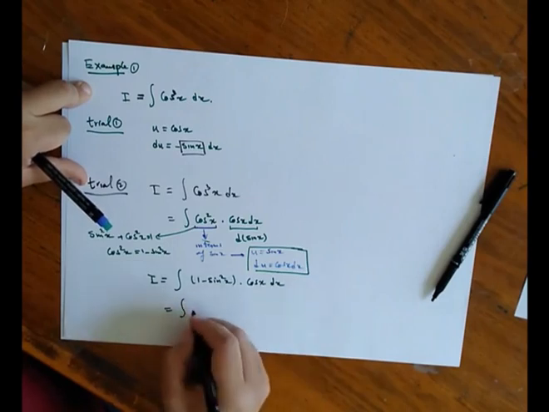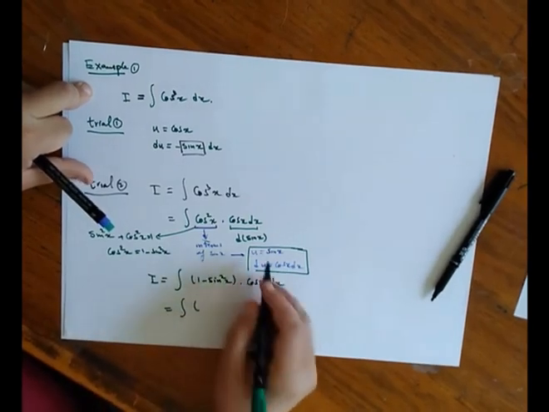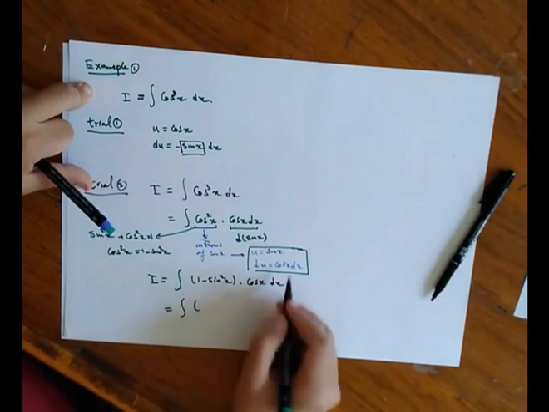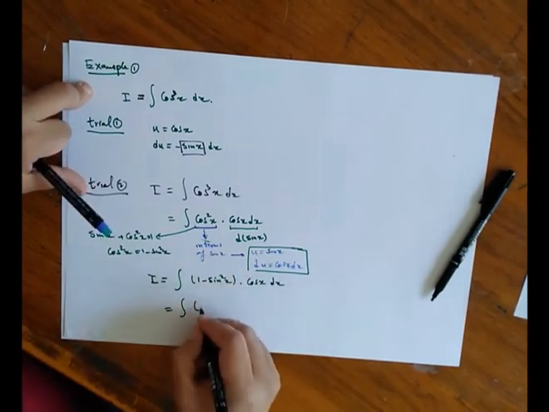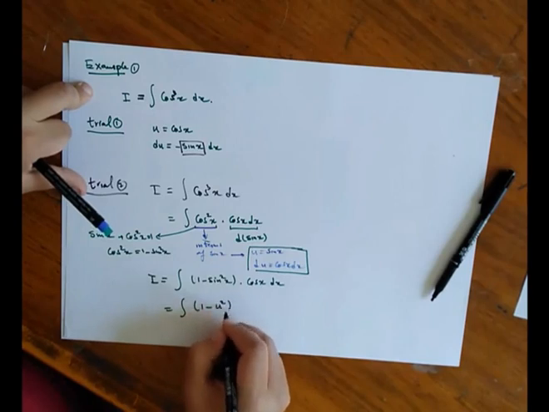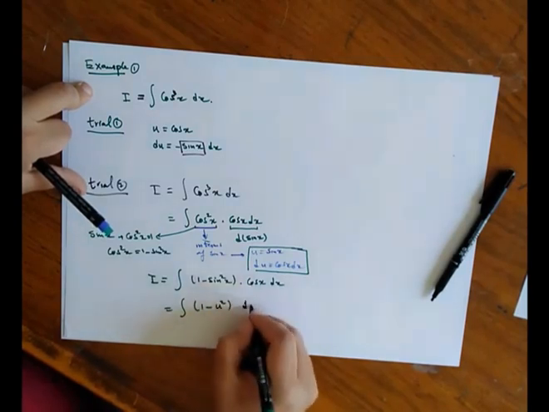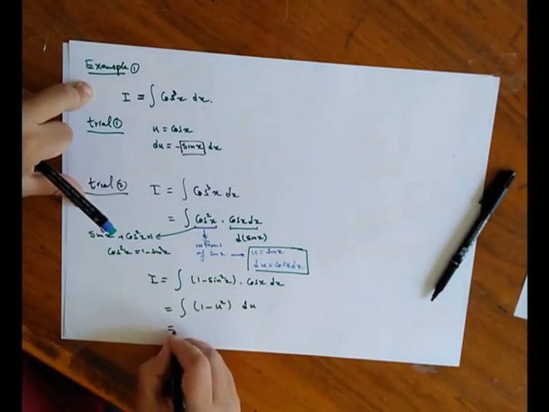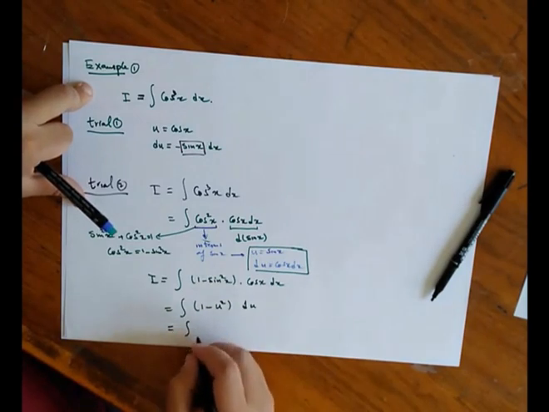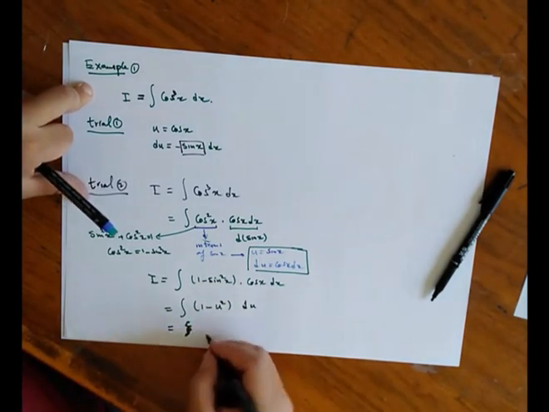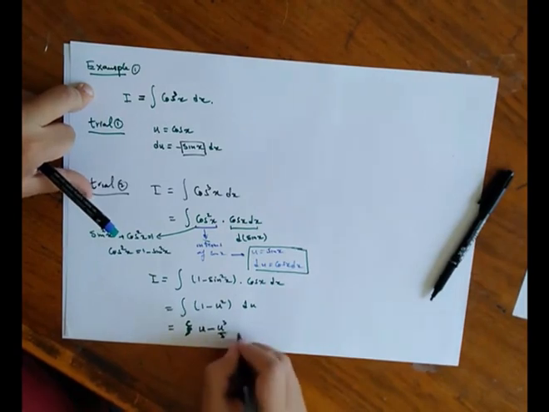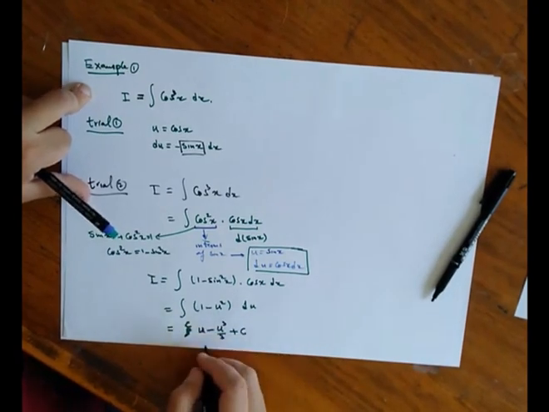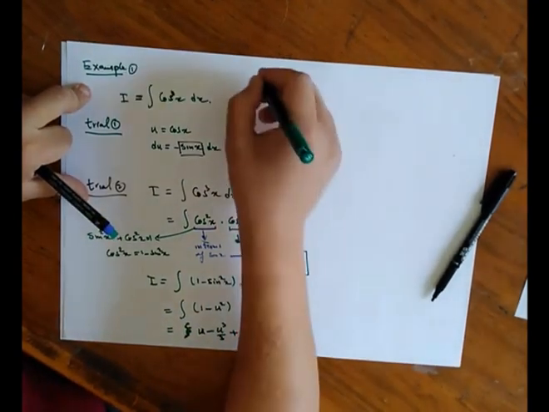Now instead of sine x, I replace each sine x by u and cosine x dx by du. So now we have the integral of 1 minus u squared du, which is easy to integrate. The integration now is going to be u minus u cube over 3 plus c, and then you have to rewrite everything in terms of x.